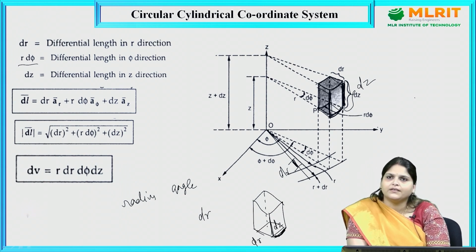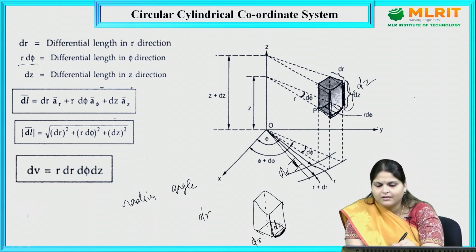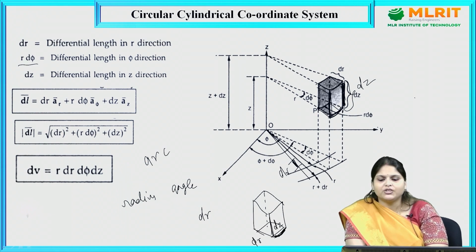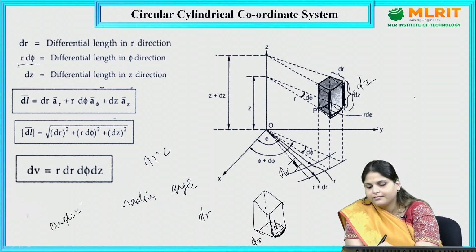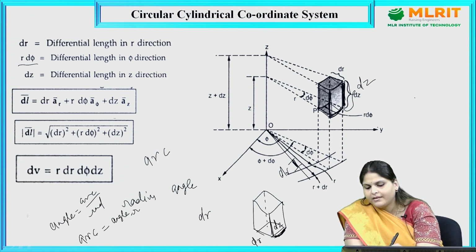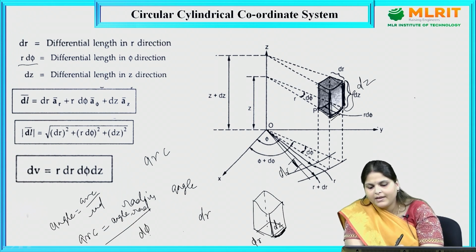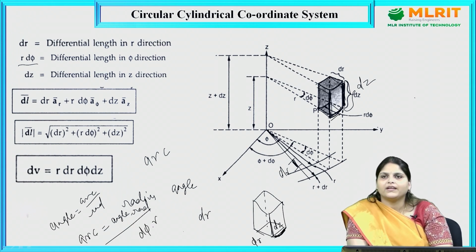What will be the relation between arc, radius and angle? Basically angle is equal to arc upon radius. So this arc is given by angle into radius, which means the arc we want here is d phi into r. So we are getting r d phi.